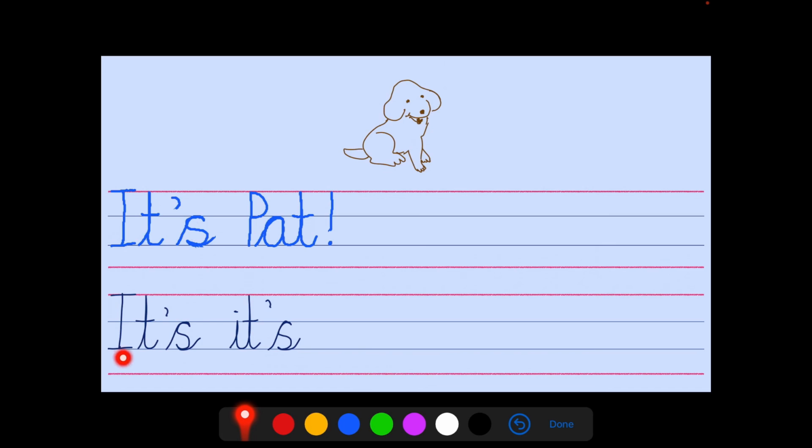with a capital letter and without it, because sometimes it will be in the middle of a sentence. It's. When we have an apostrophe, it is always short for it is. And you can go back and check. Whatever sentence you've written, you check. It is Pat. Yep, that sentence made sense.